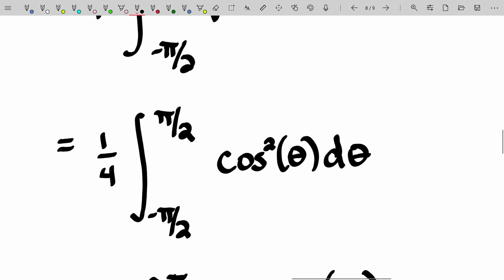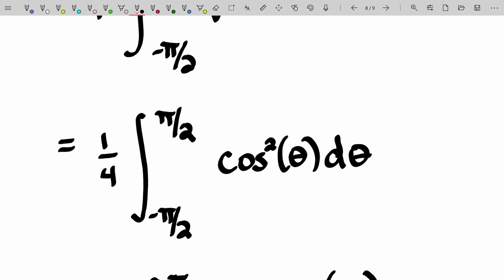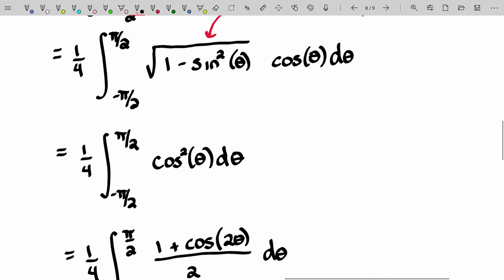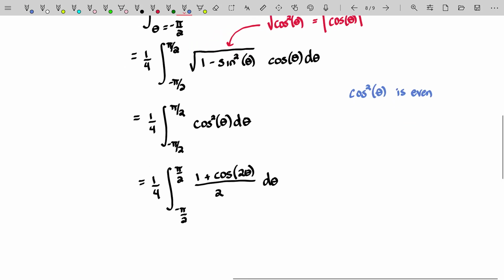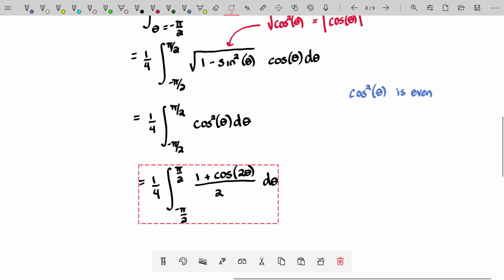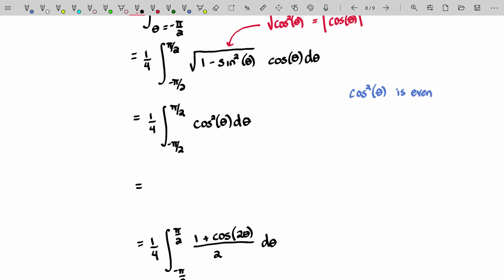Now at this point right here, I could mention something kind of important. Cosine is an even function, and cosine squared is also an even function. So I could have inserted a step between this step right here and the step above to say, you know what that integral is?